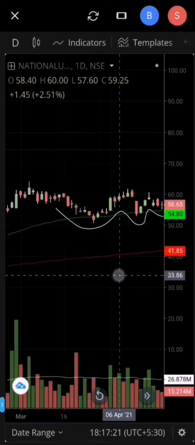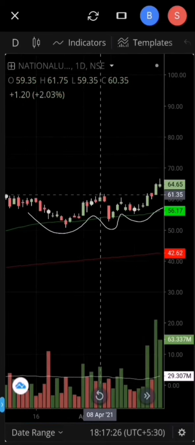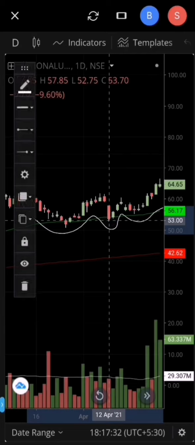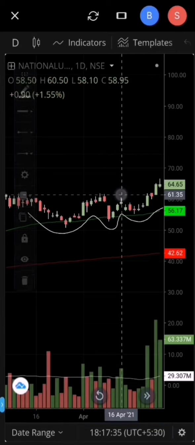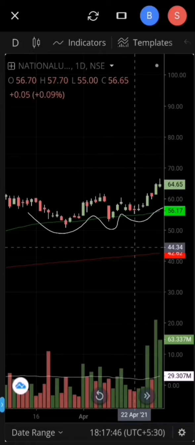Then it went up till 61 rupees, and there again came a downfall and the price came back to 53 rupees. Then it again tried to go up, and it could go until 60.5 to be precise, and then again there was supply, so it slid further and made a low of 55 rupees.